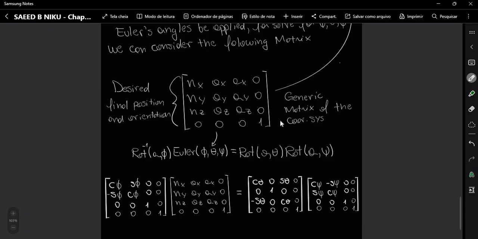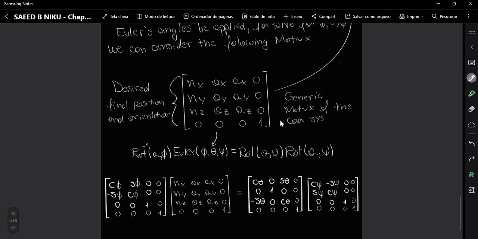I propose to you to try to switch this for the characteristic matrix of some respective coordinate system like the cylindrical one and the spherical one.